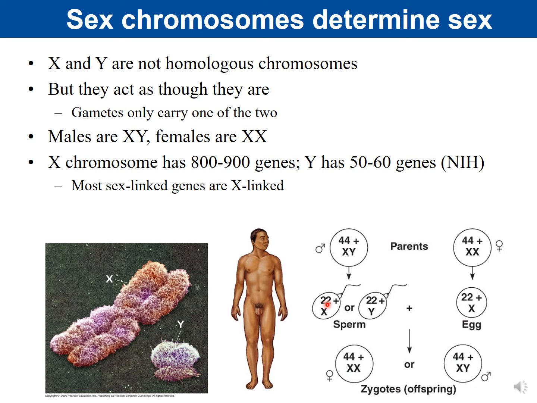Now, during fertilization, when a male ejaculates and the sperm gets into the vagina, the sperm are going to swim up the cervix, up through the uterus, and if they happen to encounter an egg in the fallopian tube, the rule for sperm is first one in wins.